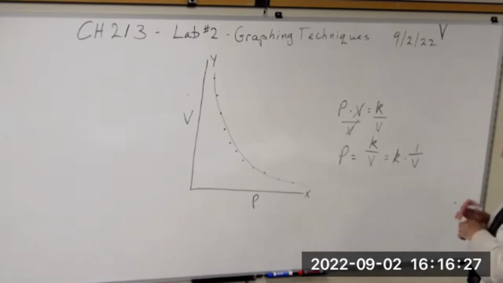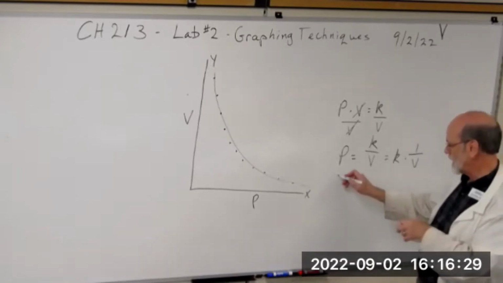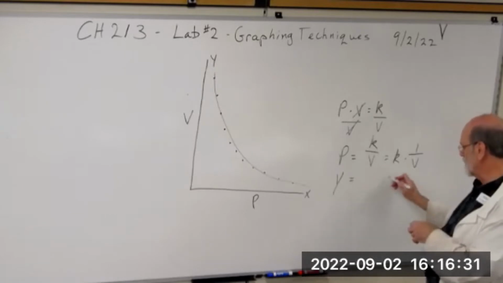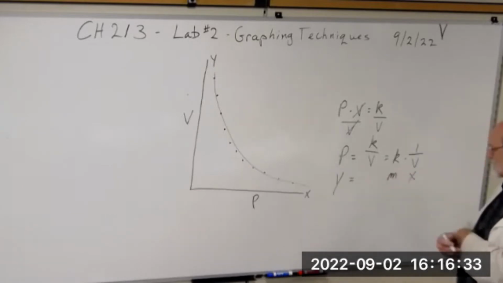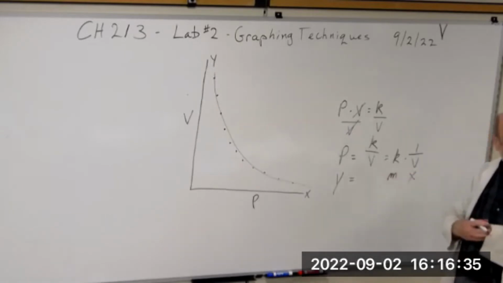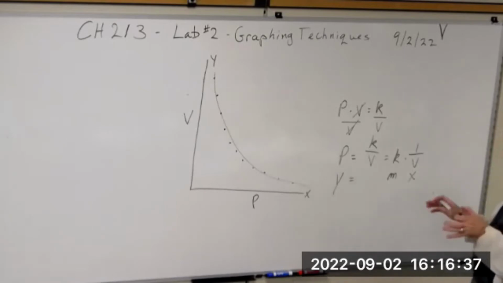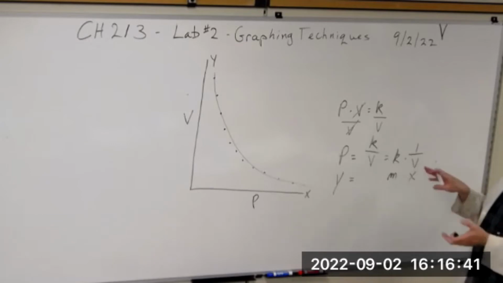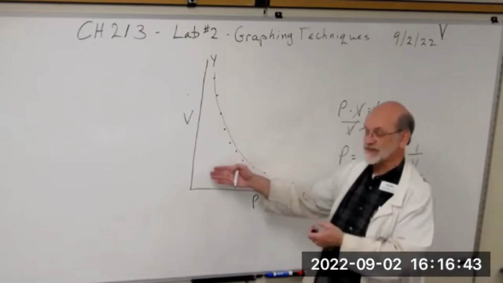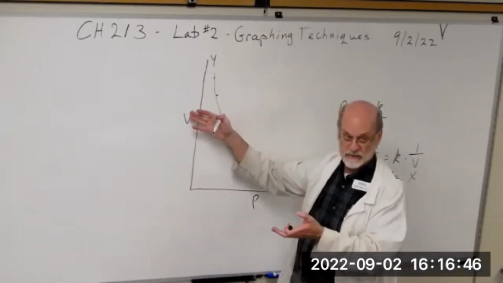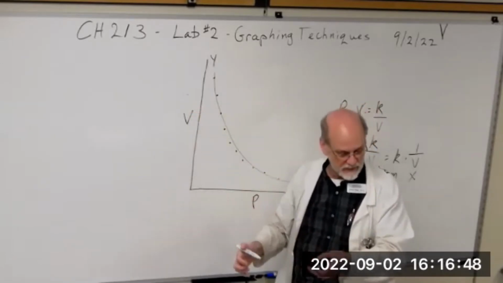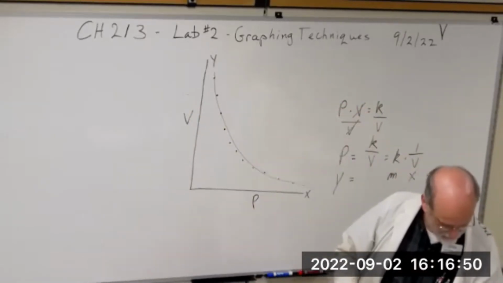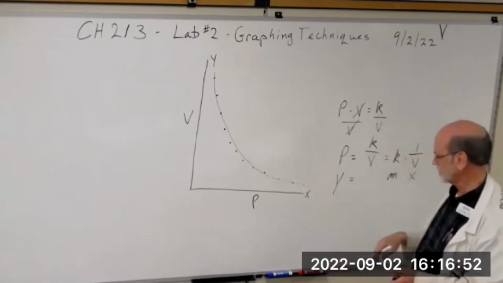Okay. So now look at what we got. We got y equals mx. We got a straight line. All we have to do is take the inverse of all of our volume values and replot them with a different axis here because the values are going to be different. So you have to plot them differently, just like they do in that example.